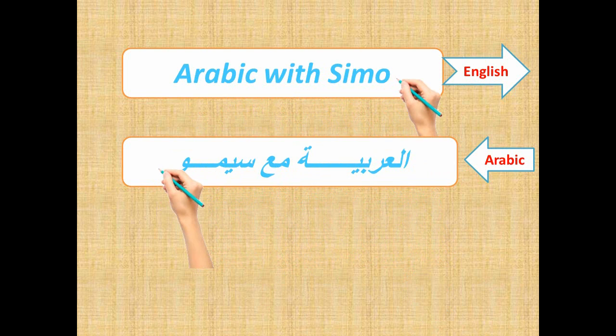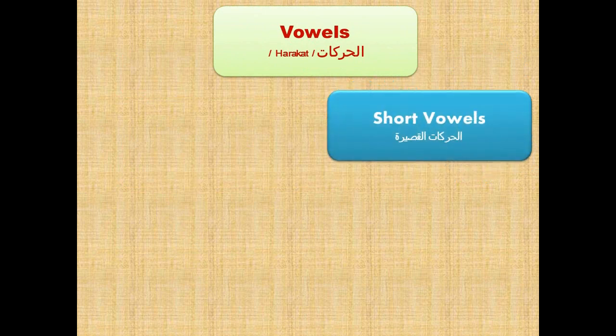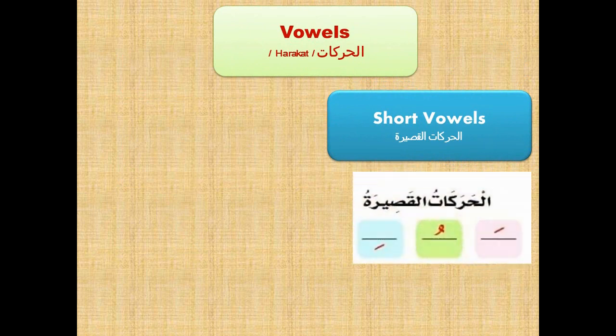For today's lesson, we are going to discuss vowels. We call them in Arabic harakat. We have two categories. We have short vowels, and in the short vowels, we have three short ones. We have Fatha, Damma, and Kasra. Pay attention. Fatha is a small line above the letter.